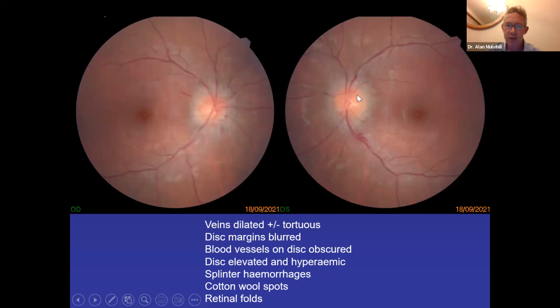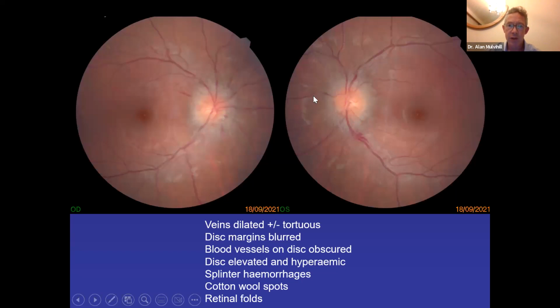The small vessels on the surface of the optic nerve are often obscured. The disc is hyperemic, or a bit redder than normal. There may be hemorrhages in or close to the optic disc, like these ones I'm pointing out with the arrow here. There can be cotton wool spots, which are literally little white fluffy patches.